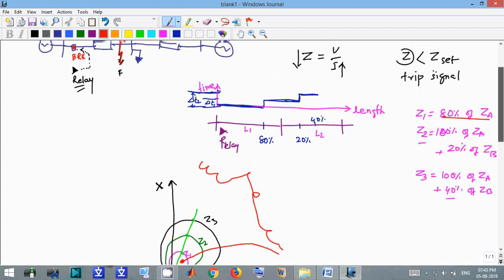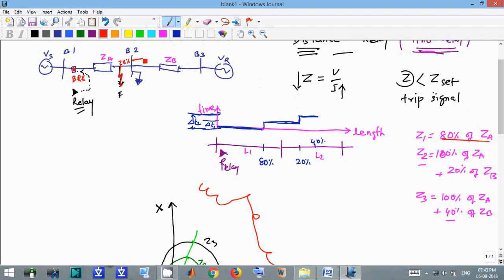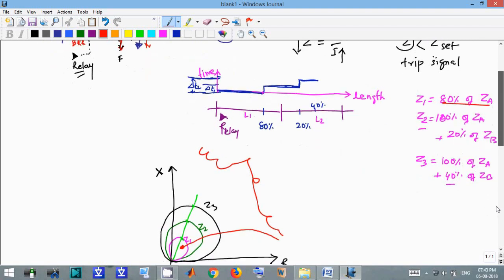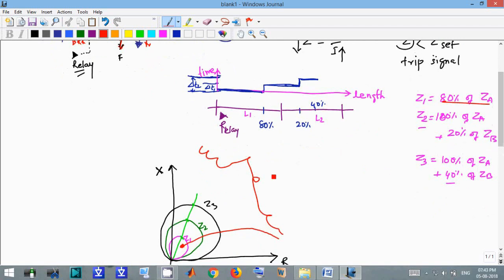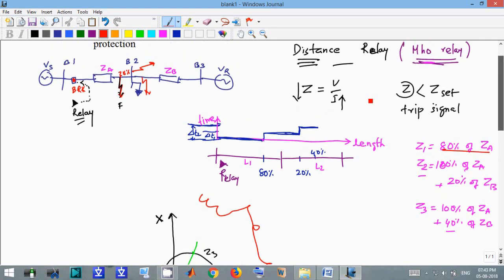Say a fault occurs at bus 2, or say 110%, 120%. The apparent impedance will move this way, inside zone 2. Okay, if there is a fault up to 140%, actually if we assume line 1 and line 2 have the same length, this will be 140%.